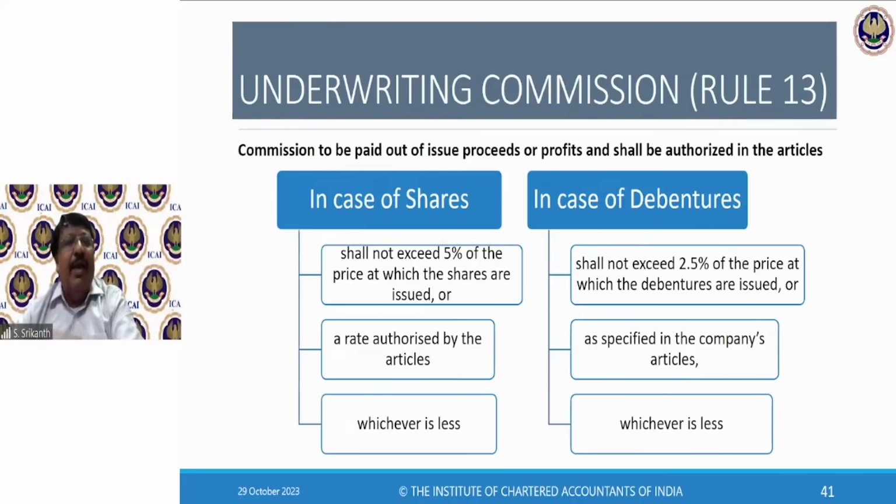I may get applications for 3 million shares, 4 million shares, in which case the issue is oversubscribed. In fact, there are many issues 10 times oversubscribed, meaning I'm only issuing 2 million shares, and the public are applying for 20 million shares.